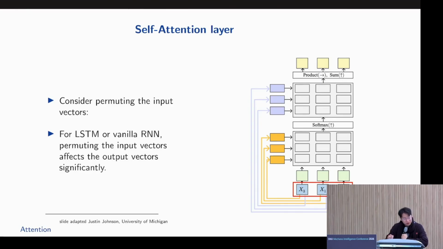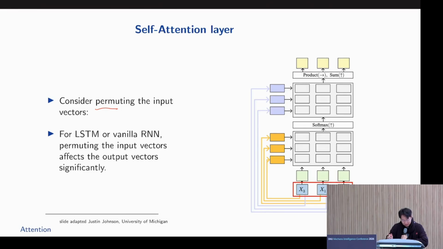in RNNs or LSTMs, if you permute the input, then it affects the output vectors significantly because different order gets encoded in the hidden states.